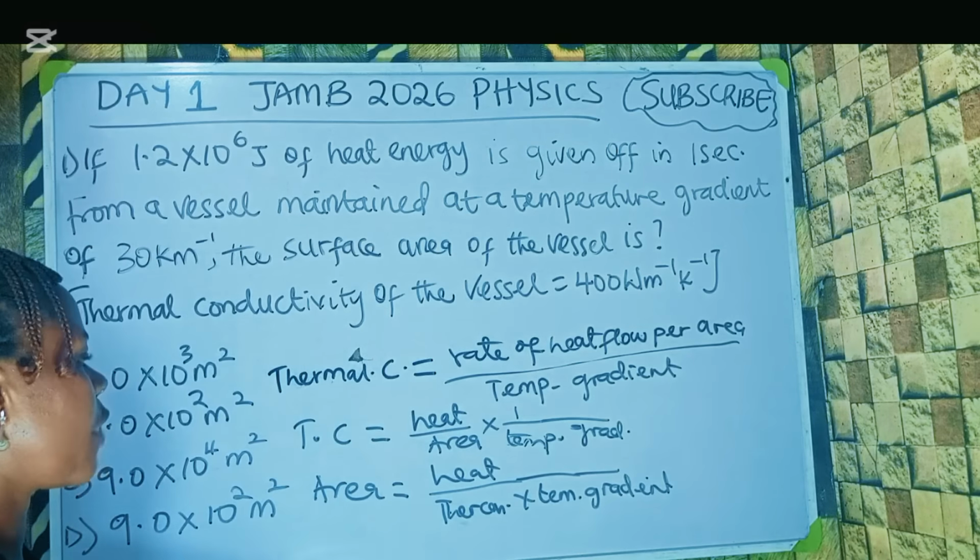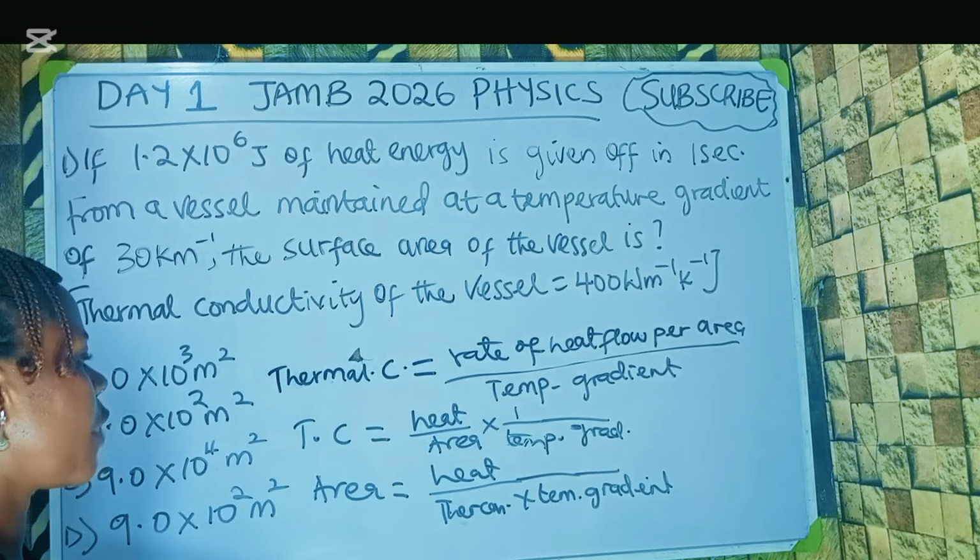The answer becomes 100 meter square. When you multiply and divide, the answer is left in standard form, so this is going to be 1 times 10 raised to the power of 2 meter square. From what we've gotten so far, the correct option to this question is option B.